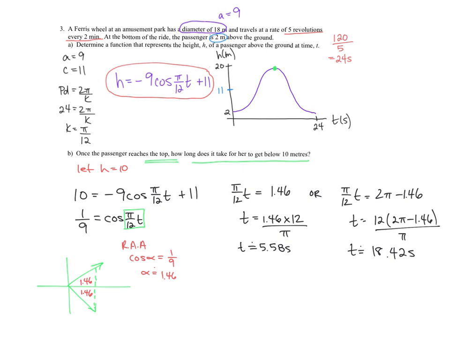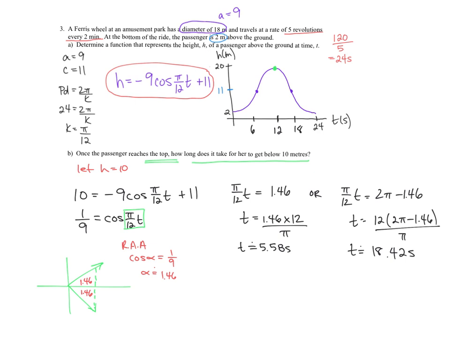There are a few things happening here. We know that those are going to be key values on our graph. We know if 24 seconds is one full rotation, half of that would be 12 seconds. And then I can just break these down into quarters to help me see a few things here. So right away, we notice once the passenger reaches the top, how long does it take for her to get below 10 meters?